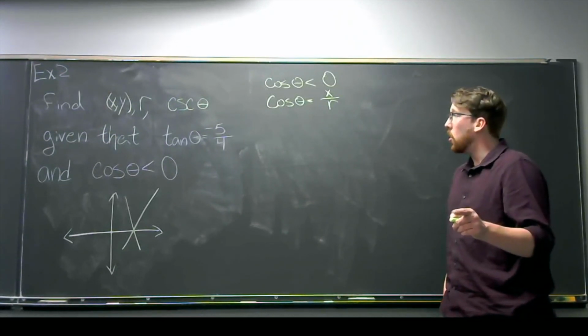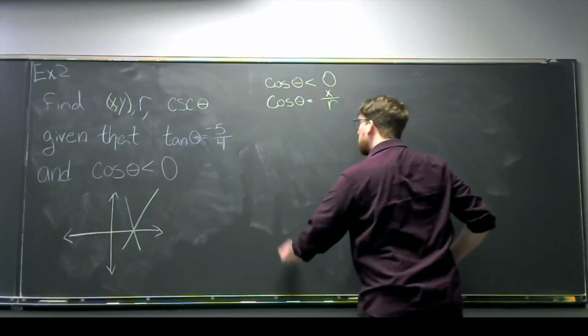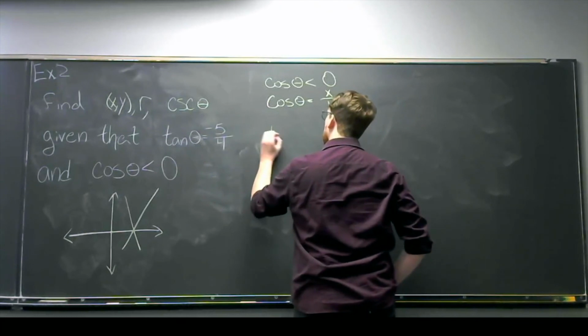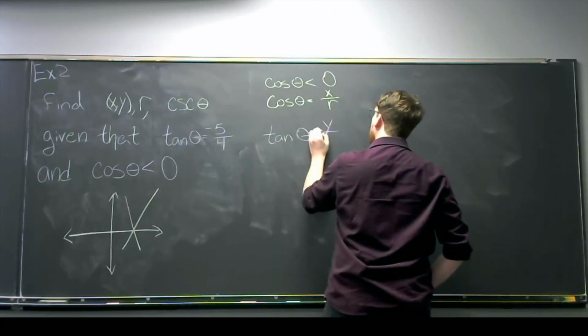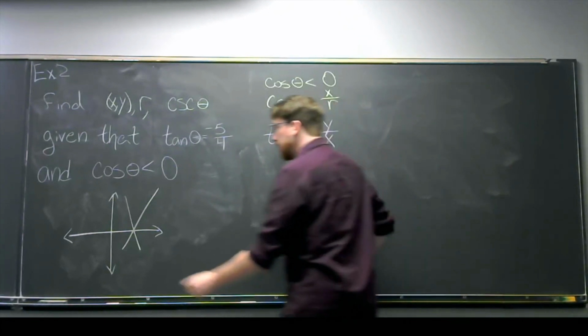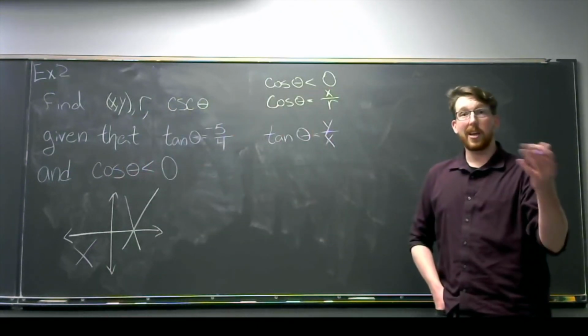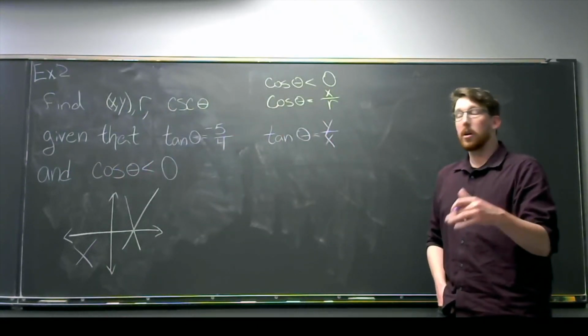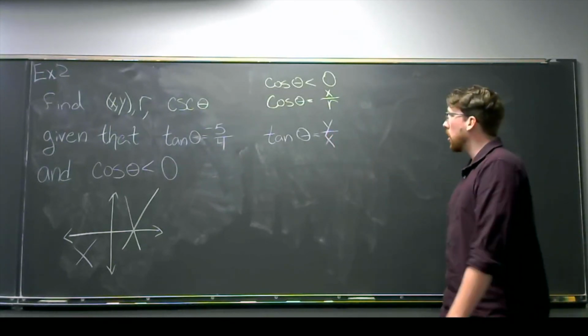Moreover, because tangent of theta is equal to y over x, we know we can't be working in this bottom left quadrant, because if we were, then x and y would be negative, and a negative divided by a negative would just give us a positive.